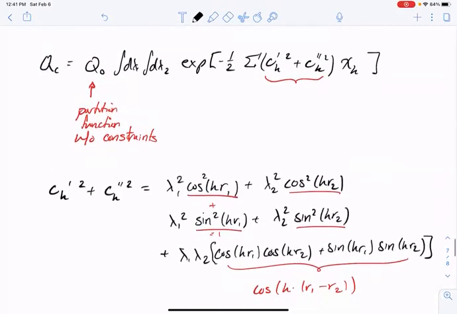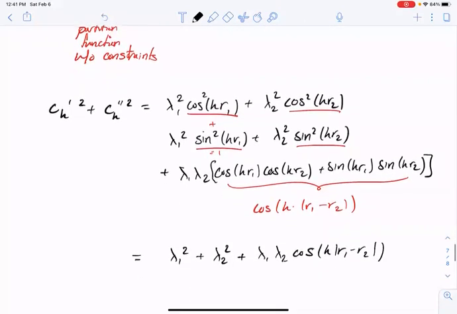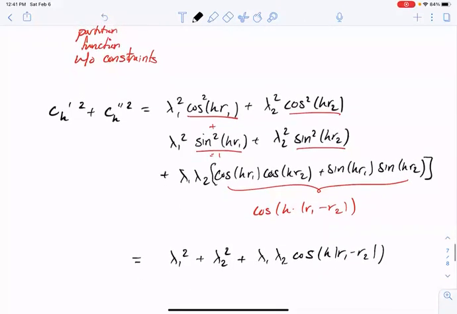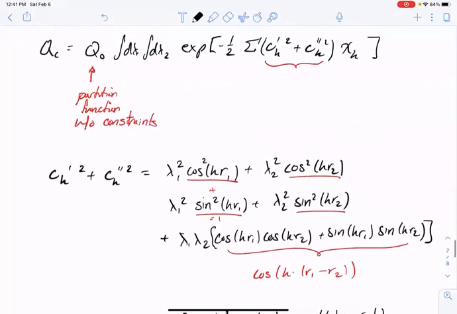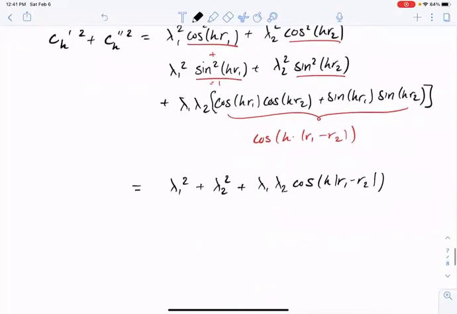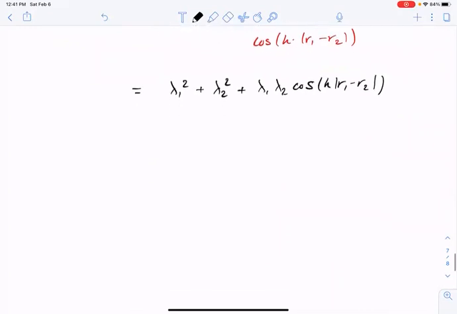Now look at this, we have integrals over lambda 1 and lambda 2, which are just Gaussian. We have a lambda 1 squared and a lambda 2 squared, weighted by our chi. And in addition, we have a lambda 1, lambda 2 term.